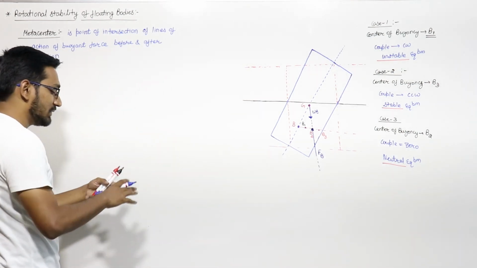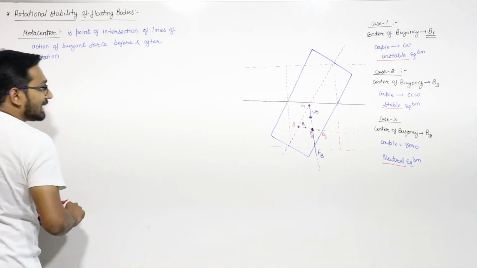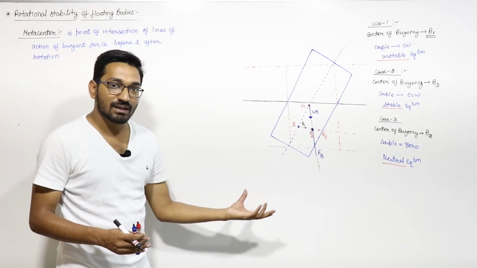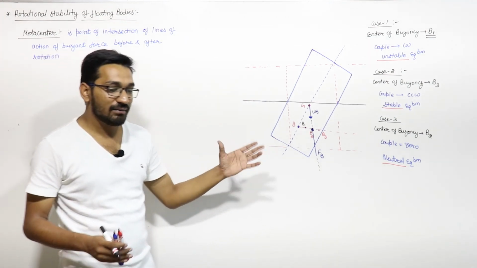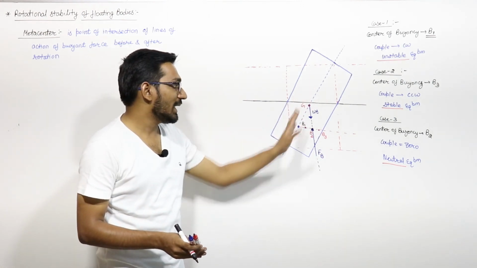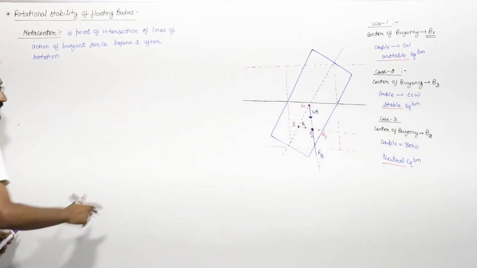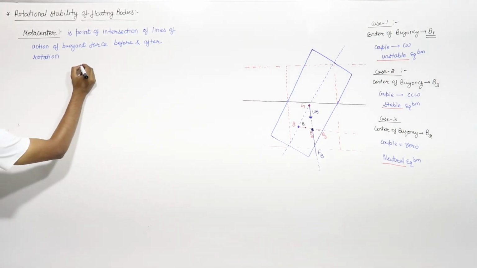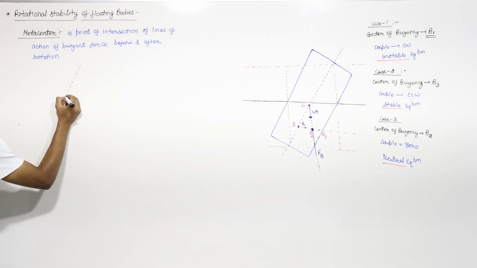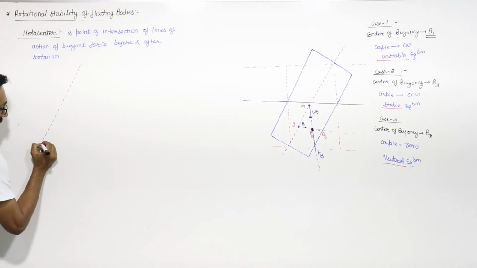Now pay attention, guys. I'm not drawing the body again and again. We only talk with respect to the axis. This inclined axis I am showing here is the new axis of the body.